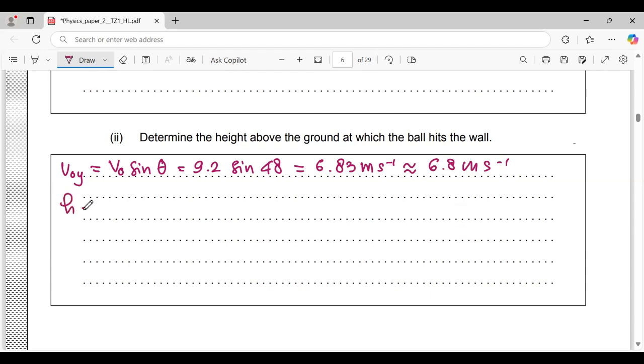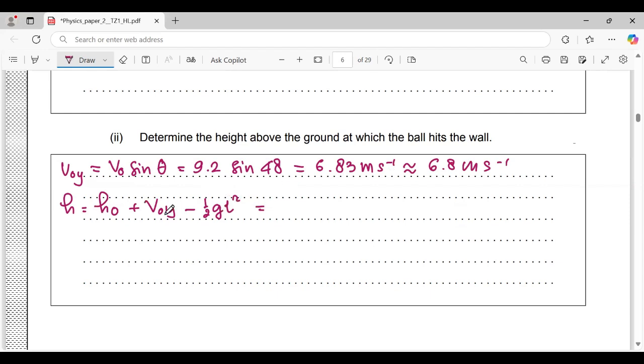The equation is H equals initial H plus the initial velocity on the y-axis, v0y, times t, minus half gt squared.